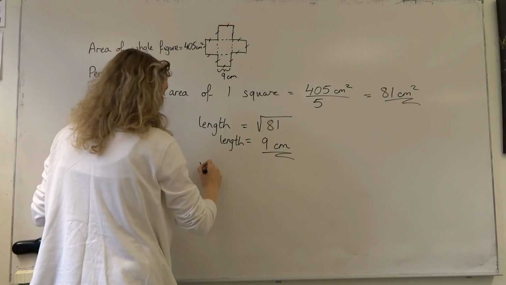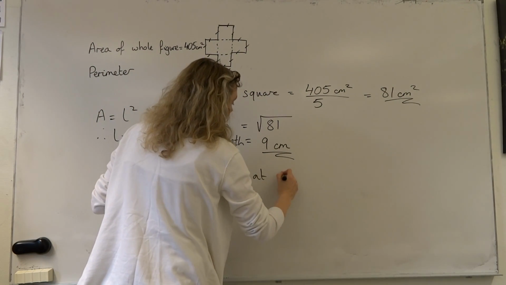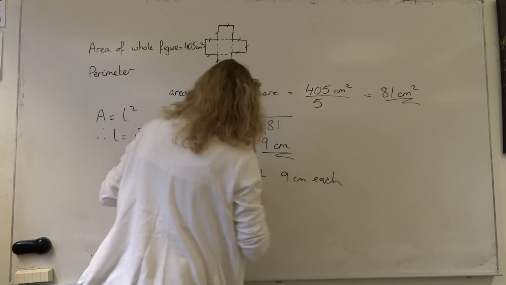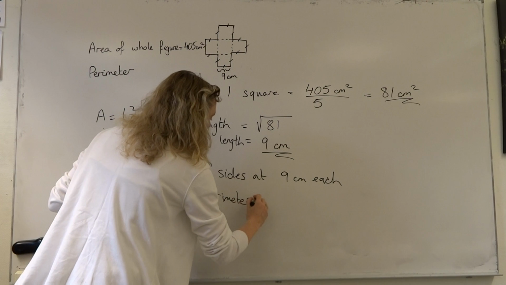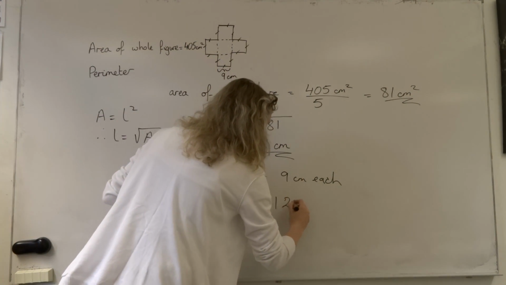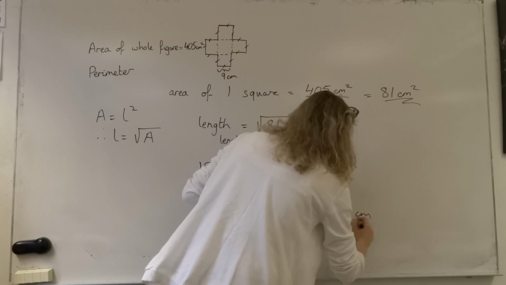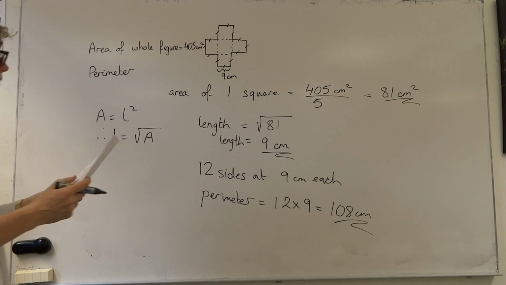So we have 12 sides at 9 centimetres each. Perimeter equals 12 times 9, which is 108 centimetres. So the perimeter of that shape would be 108 centimetres.